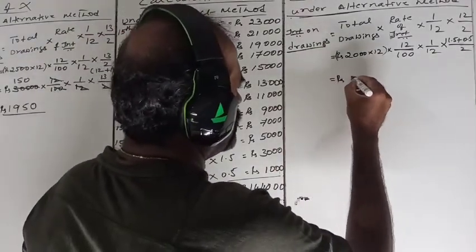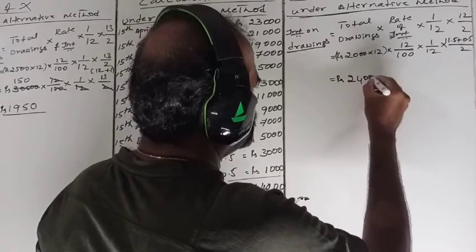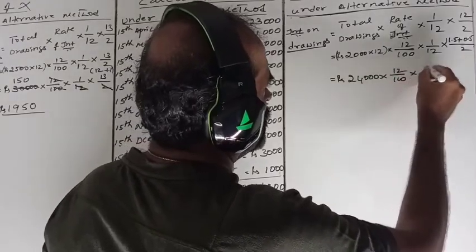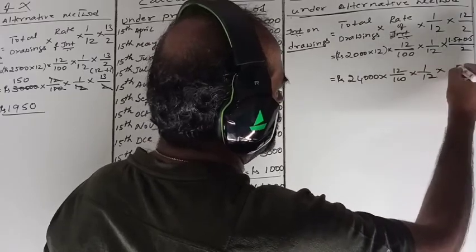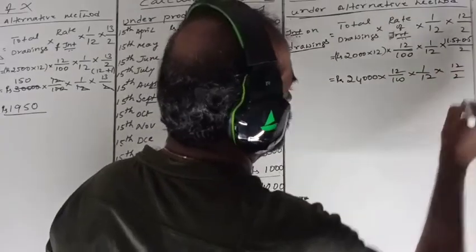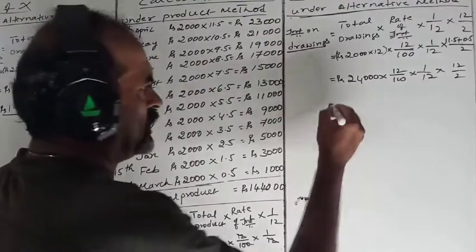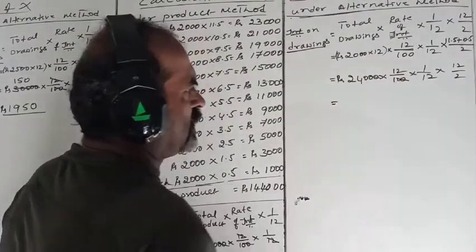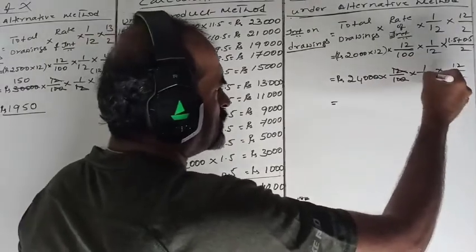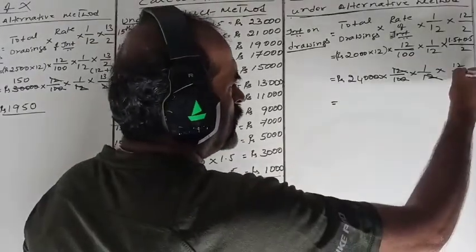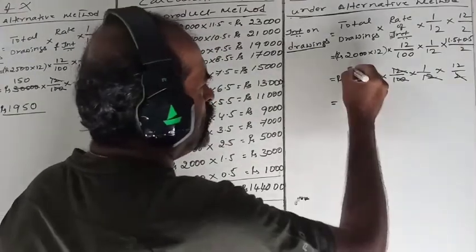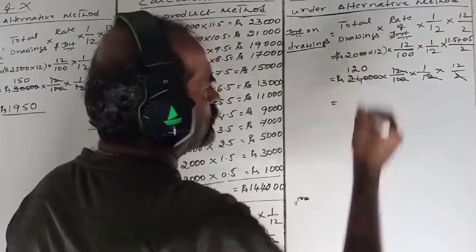The total product rupees 24,000 at the rate of 12%. The 1 by 12 is the common factor, again 12 by 2. The answer comes to: the 000 cancelled, the 12s are cancelled. From 2 divide, 240, 120.